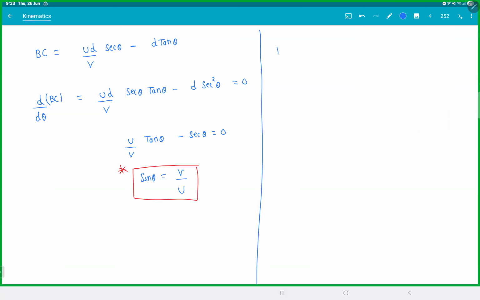And how much is the minimum drift? So BC minimum, you substitute here. Sin theta is V by U. This is root over U square minus V square. So UD by V sec theta will be U square D by V root over U square minus V square, minus D tan theta, which is V by root over U square minus V square.